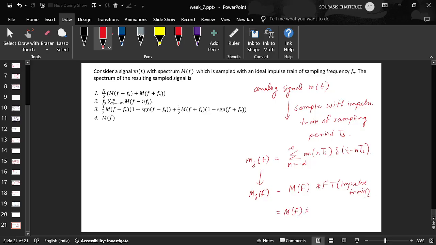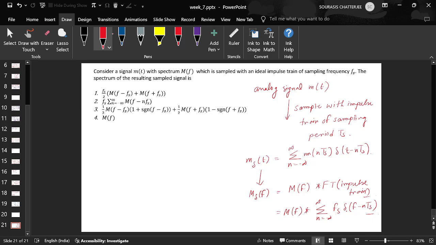So we are left with delta(f minus n fs), which is an impulse as a function of f.